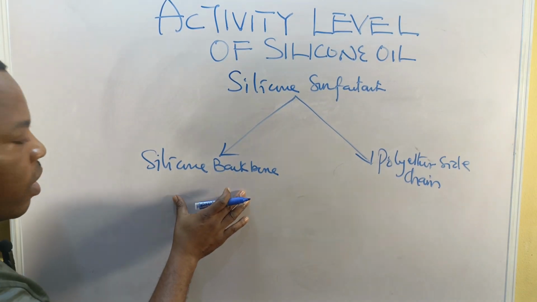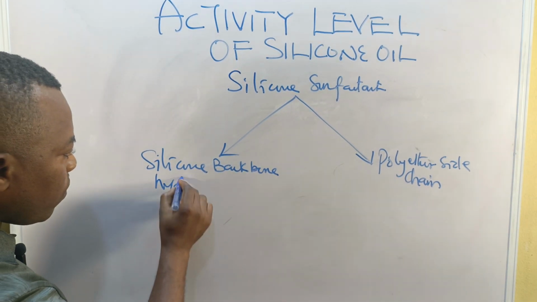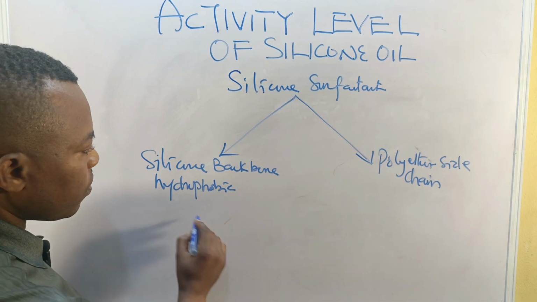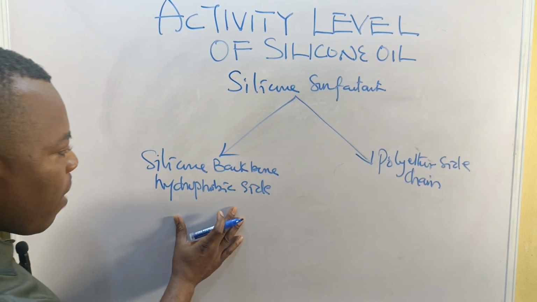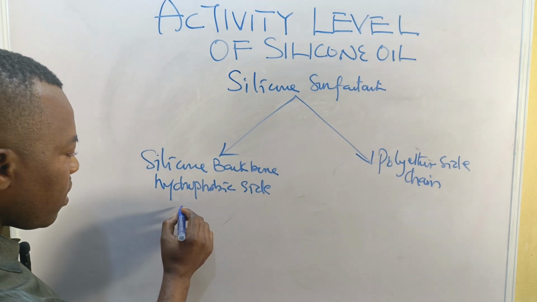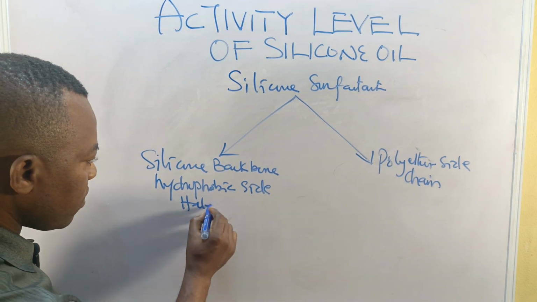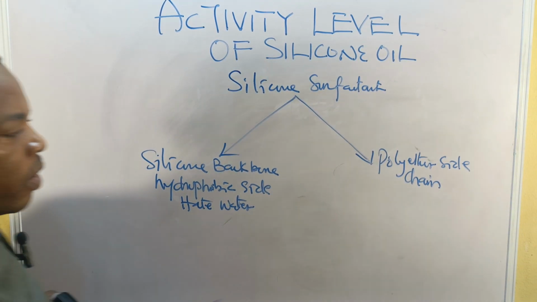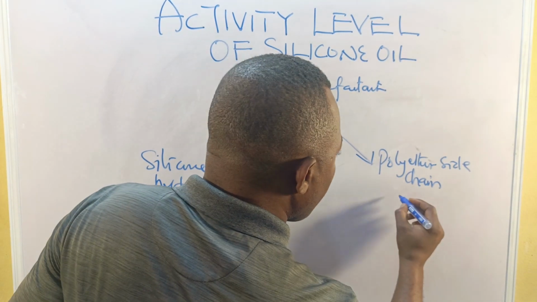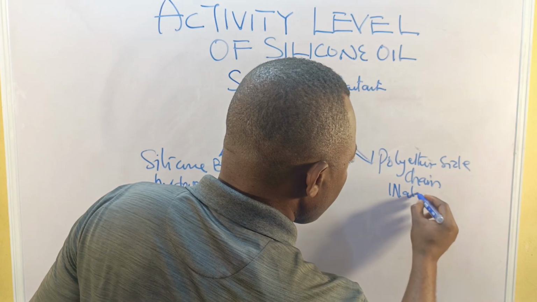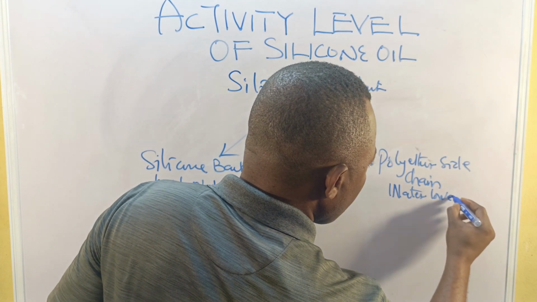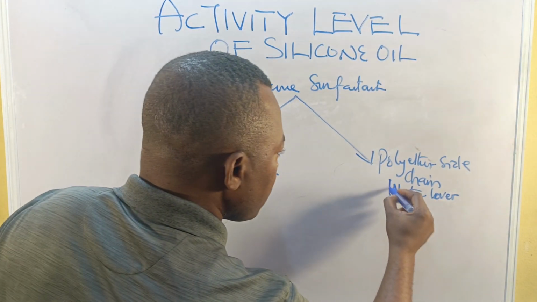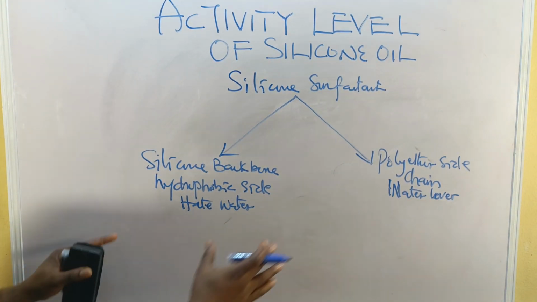So in this case, this is what we call the hydrophobic site. Hydrophobic site means it hates water. Now polyether side chain means water lover. So this is silicone.